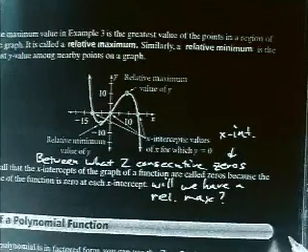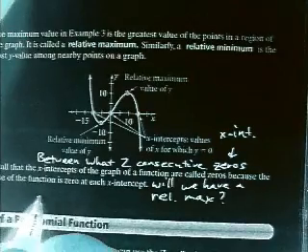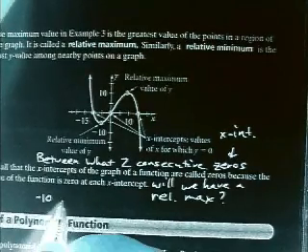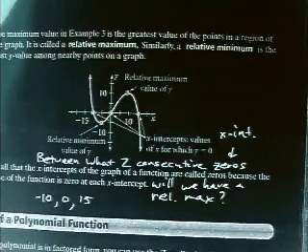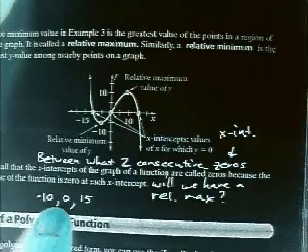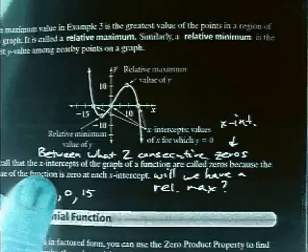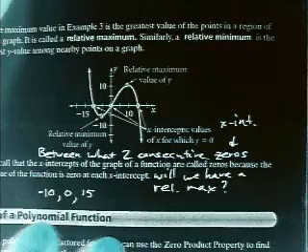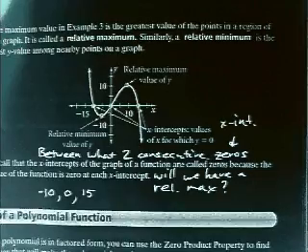Now we have three different zeros here. Our three different zeros are, it looks like negative 10, 0, and positive 15. Now, I've got to pick out consecutive ones. So I'm either going to pick these two right here, negative 10 and 0, or 0 and 15. But I'm not going to pick negative 10 and 15 because those aren't consecutive.